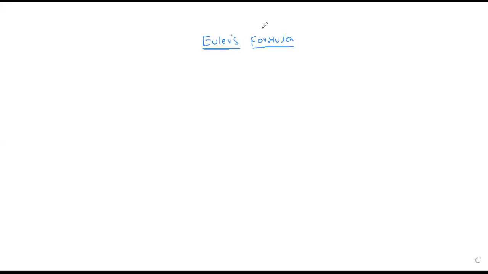Basically Euler's formula is used for calculating the critical load. What do you mean by critical load?